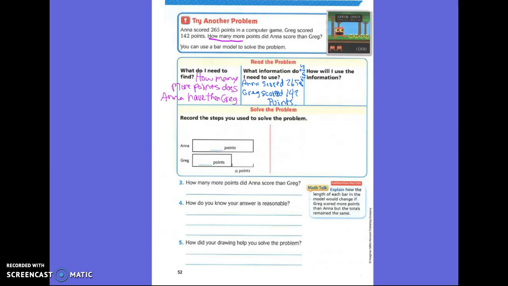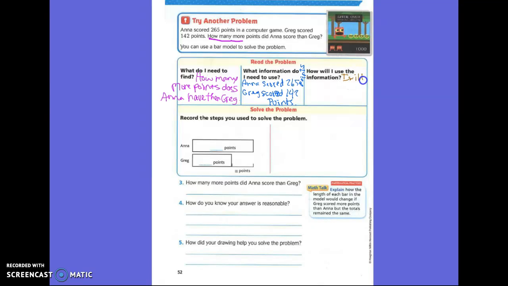How will I use this information? What did you guys say? I will use a bar to show each person's points. Okay, let's write it down.